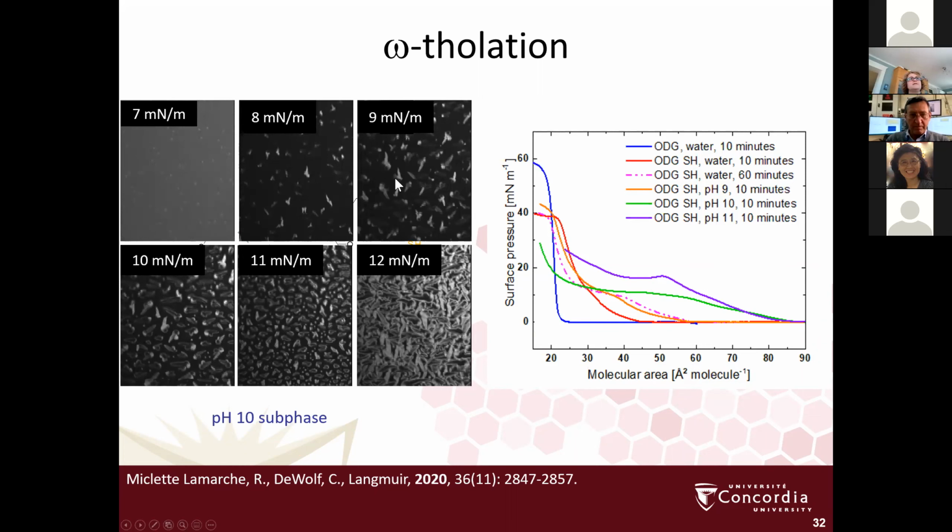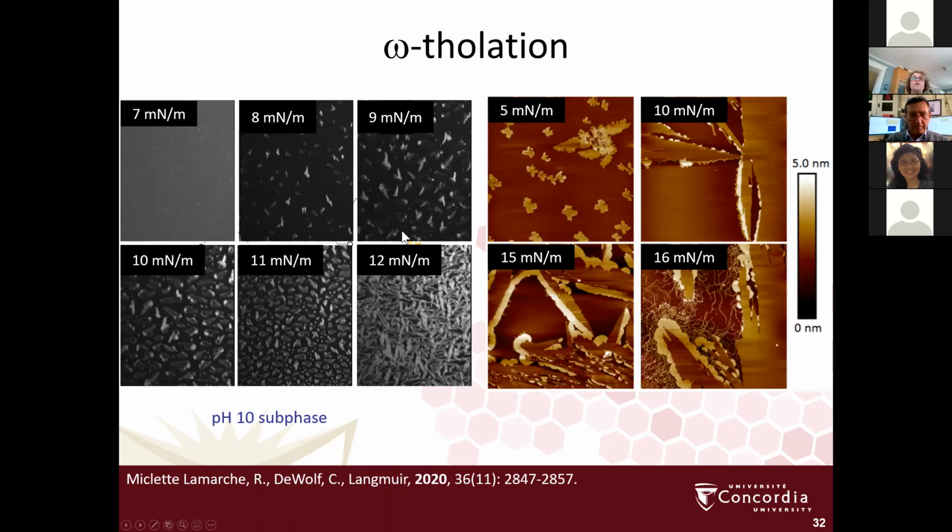We also see these irregular shaped domains, which appear to have a degree of anisotropy. So it appears that they have a brighter perimeter and a darker interior, which we originally thought was an anisotropic effect. However, if we do AFM, what you see, in fact, is that we have these nodules of very bright, high material growing along the edges of these very frayed edge or very geometric edged domains that are appearing, which correlates well with these domains here.